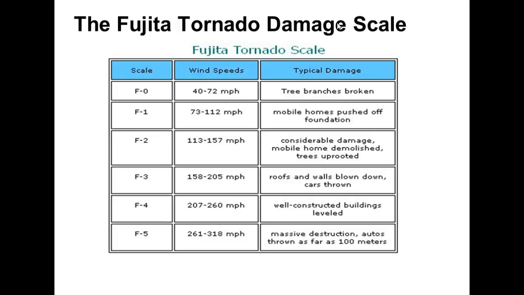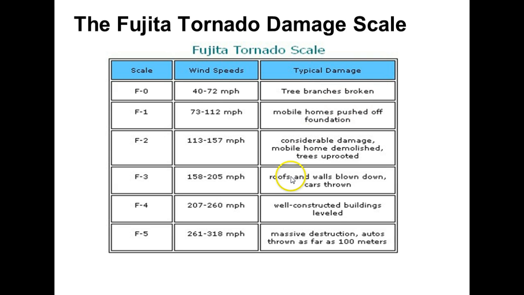Also write that this scale is based primarily on 2 things: the damage tornadoes inflict on human-built structures and the damage it wreaks on vegetation like trees and crops. So those 2 things now dictated the original Fujita Tornado Damage Scale.